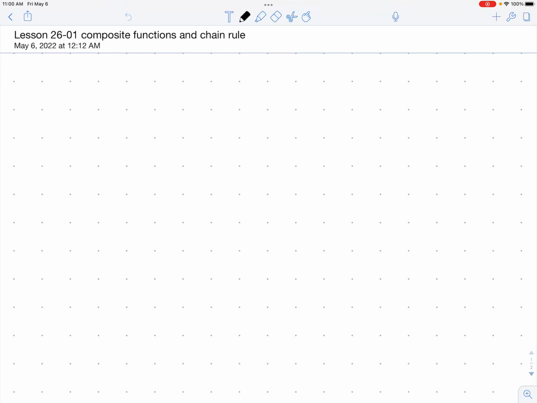Lesson 26 is about the one and only integral technique we'll be using in this class, which is called u substitution.